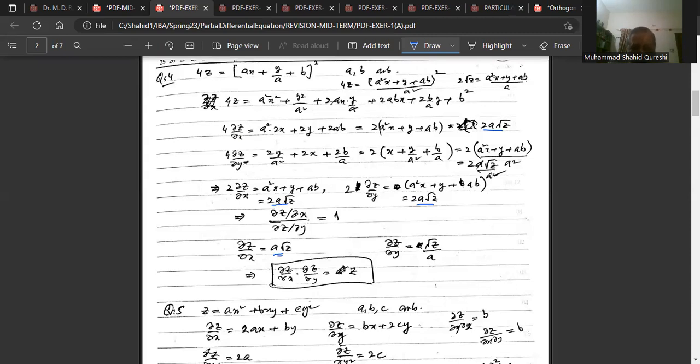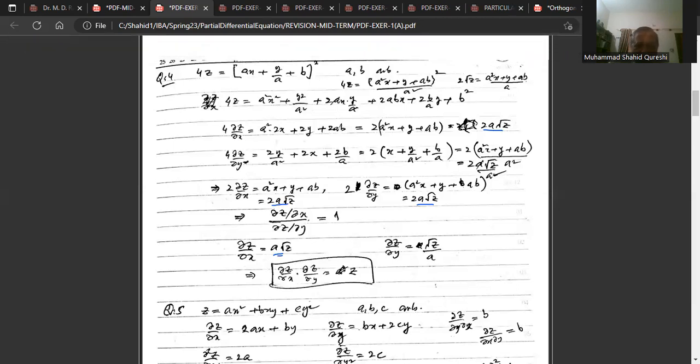We have here a square x plus y plus ab, and this whole thing is the square root of the right hand side, except for the a. So you can take the LCM and work with it, and you will get... this part here, this part has been done wrongly.